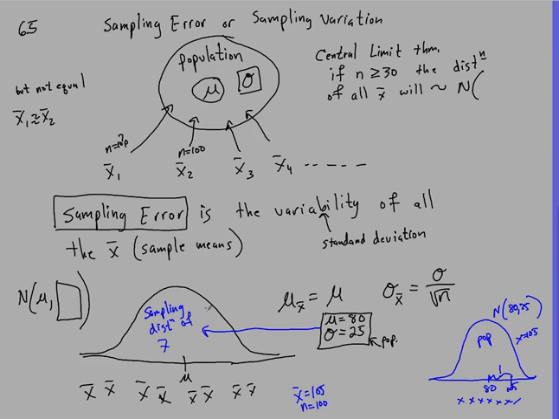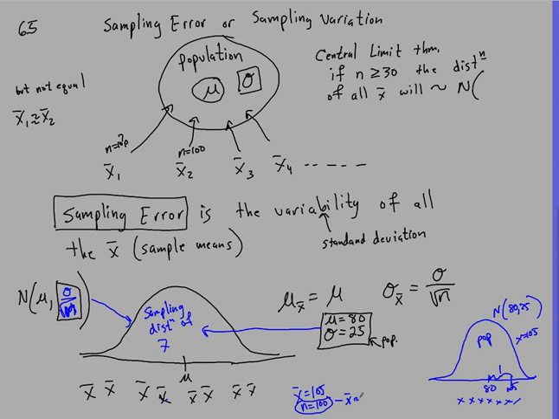The sampling distribution of x bar has less variance, by the square root of n, because these x bars aren't going to change as much as these x's. You're taking 100. Just think about it. If you take 100 people and get the average, and the real average is 80, all these x bars should be really, really close to 80 if that's really true.